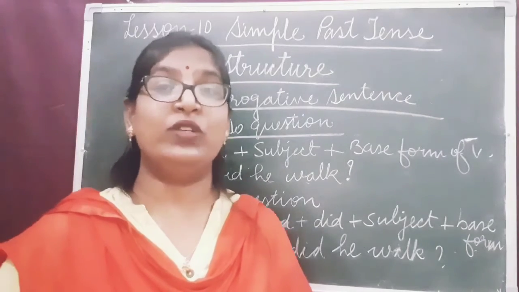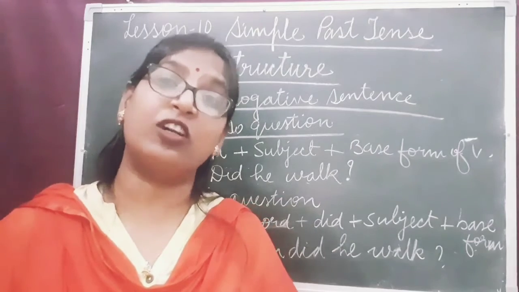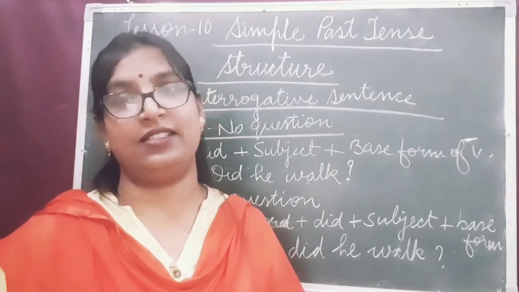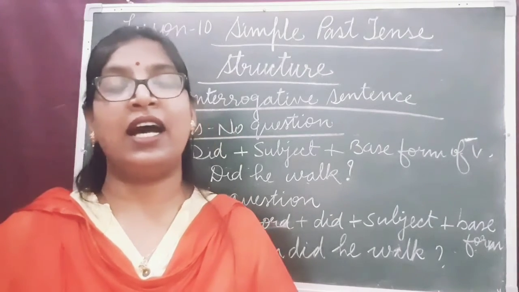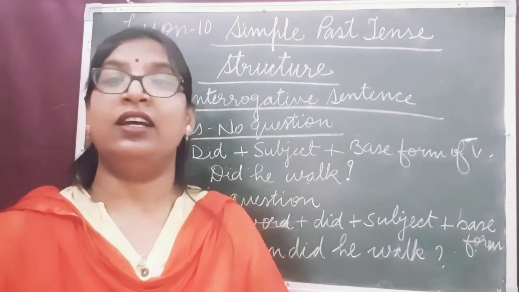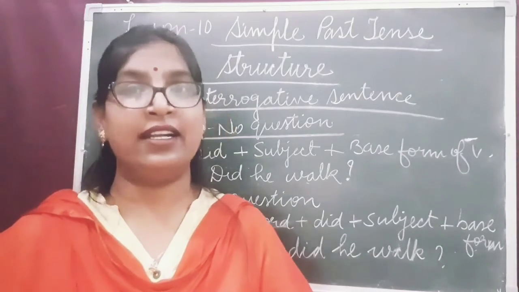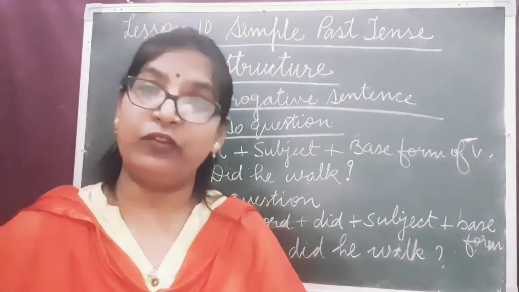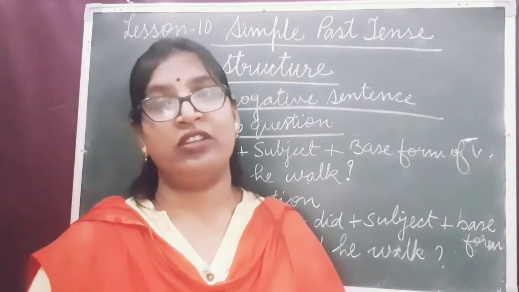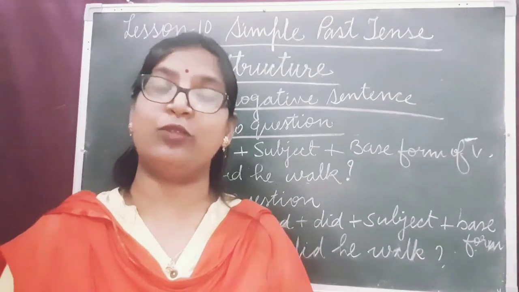And then we studied the different forms of auxiliary verbs in past tense. We use was, were, had, and did. Was, were are the forms of be verb, had is the form of have verb, and did is the form of do verb.